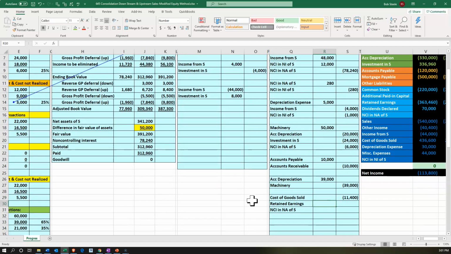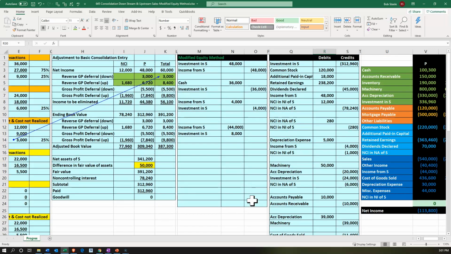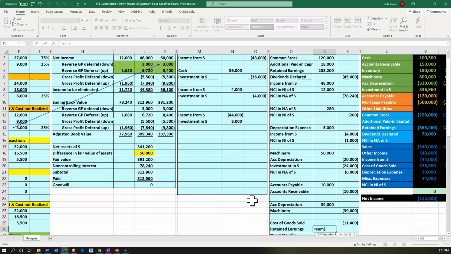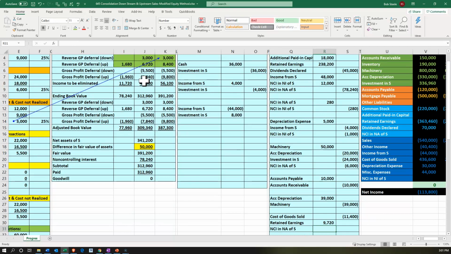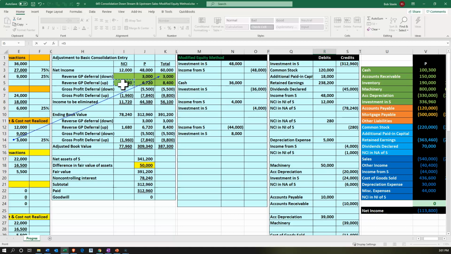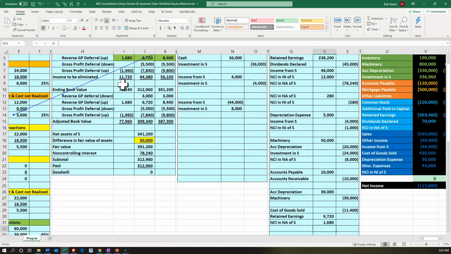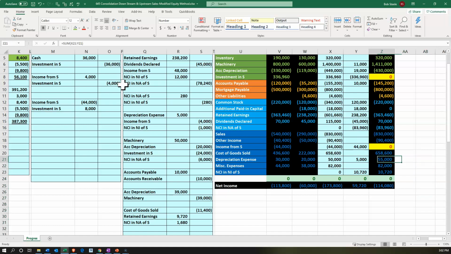The amount that's going to go to the retained earnings will be the sum of these two that are in the P column. And the amount that's going to go to the non-controlling interest is that 1680 according to our table. All right, and then we'll record that one out. Cost of goods sold then is going to be equal to the 11.4 retained earnings up top.